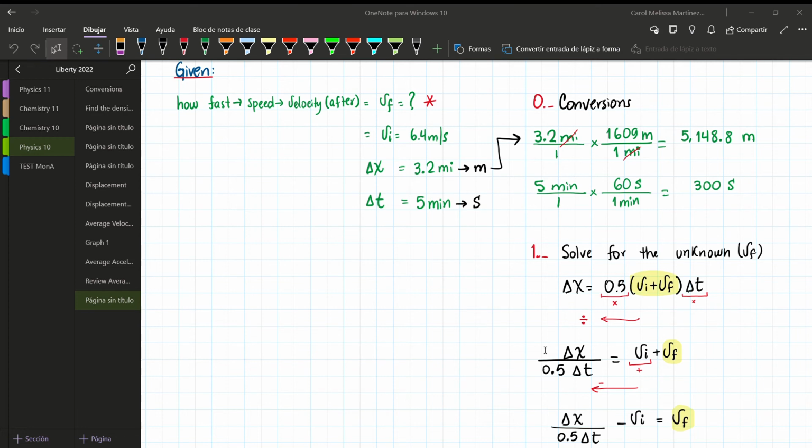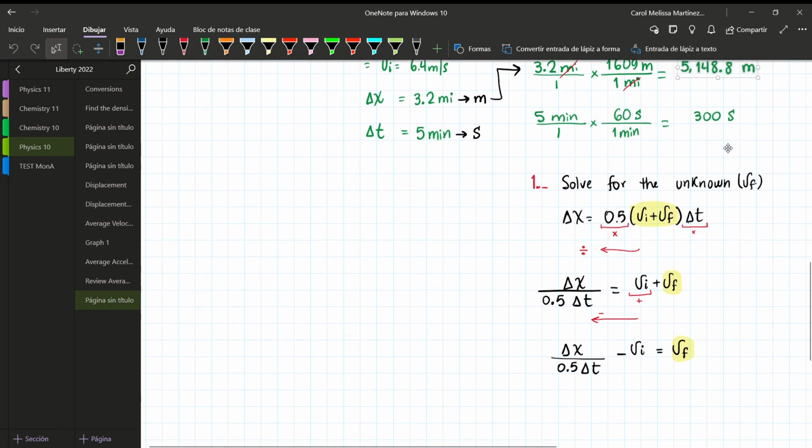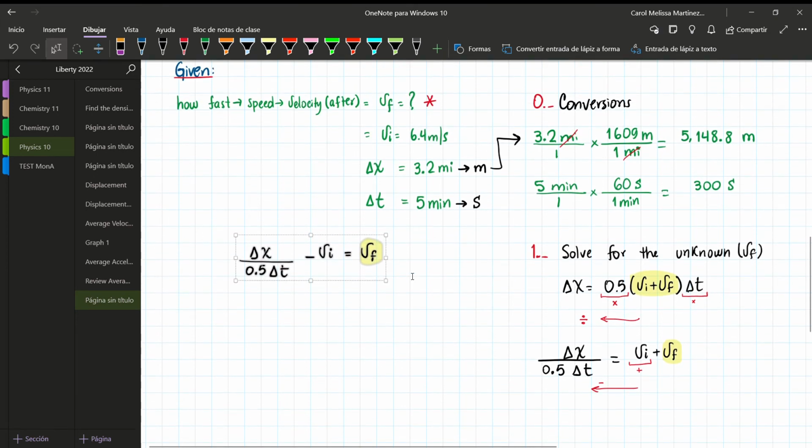We're going to be using meters, the meters that we got from the conversion, 5,148.8 meters, divided by 0.5 of the time.